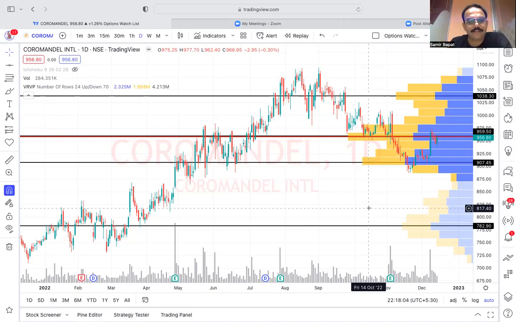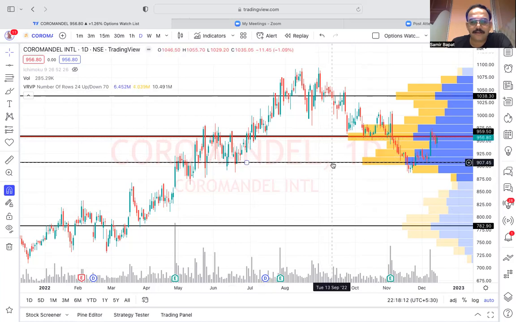For example, if I see this 907.45, it has only jumped twice or thrice at maximum. And that too is rather a vertical rise in a year's time. It's more of a rise than a fall. So it doesn't give me confidence.